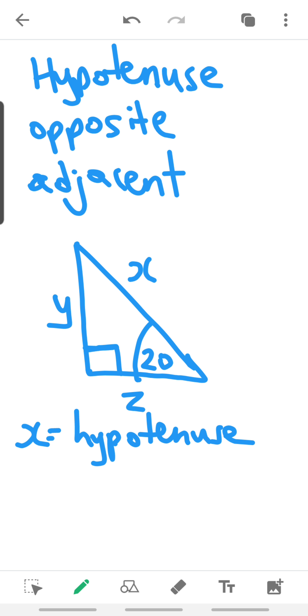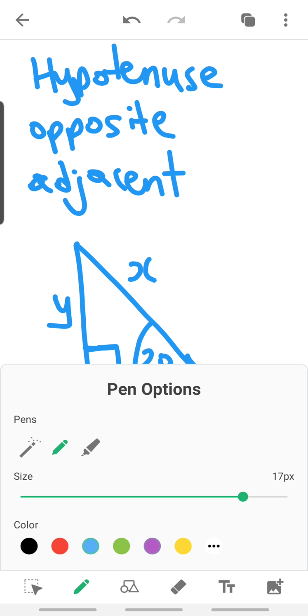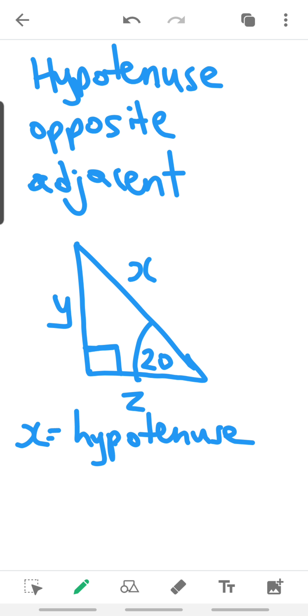And we can see this is our right angle. Let's change the color so that you all can see that there. So I'm shading over our right angle, and we can see that this is literally the side that's directly opposite to our right angle. Okay, so now let's move on.